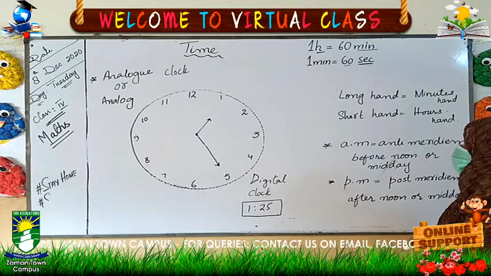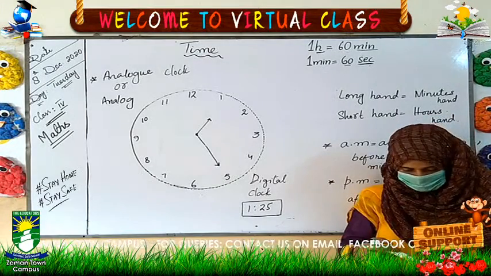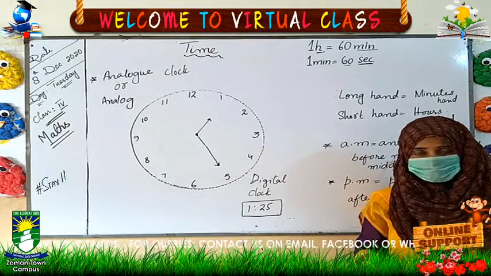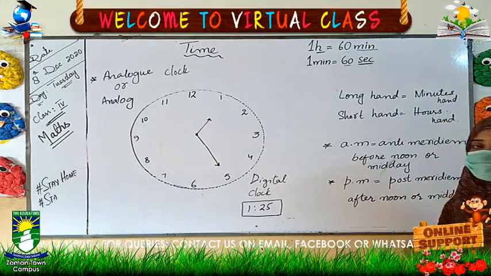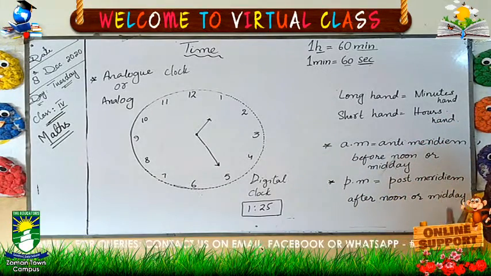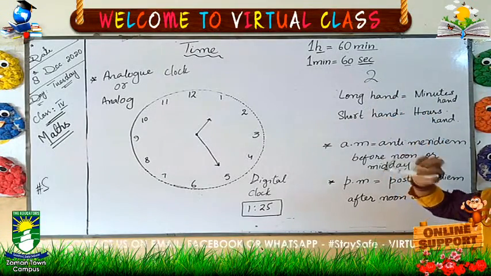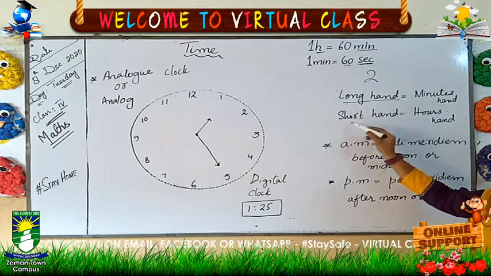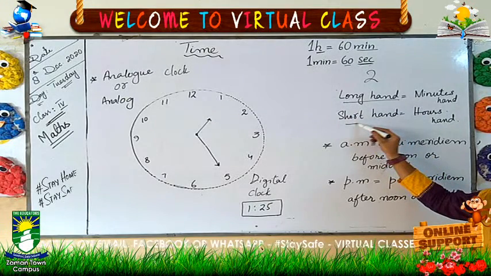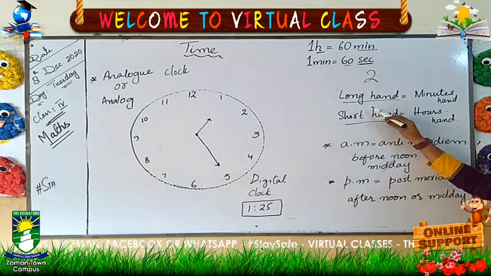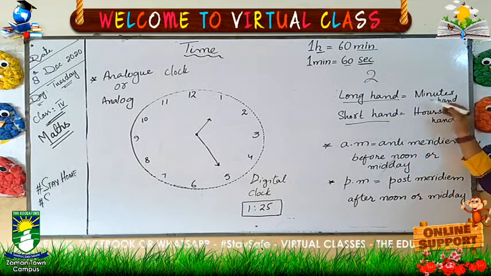Fine. Let's start to introduce the clock. My dear students, in a clock we have two hands. How many hands? Two hands. One is the long hand and the other is the short hand. The long hand is called the minute hand.